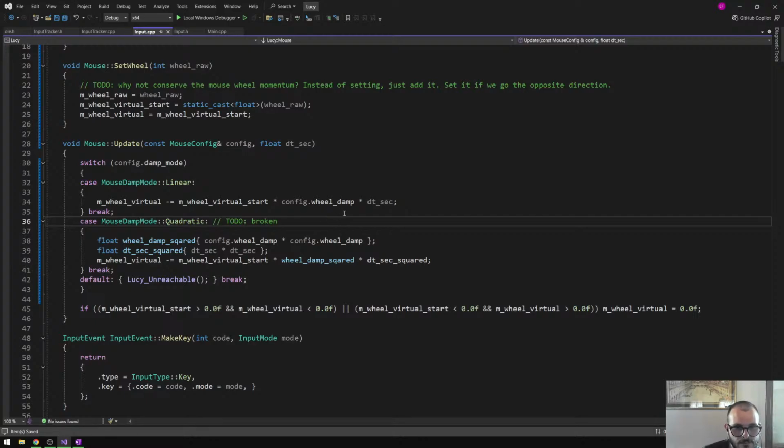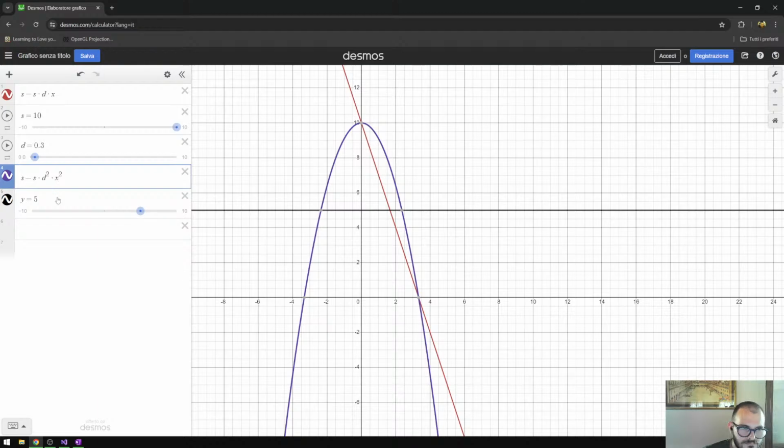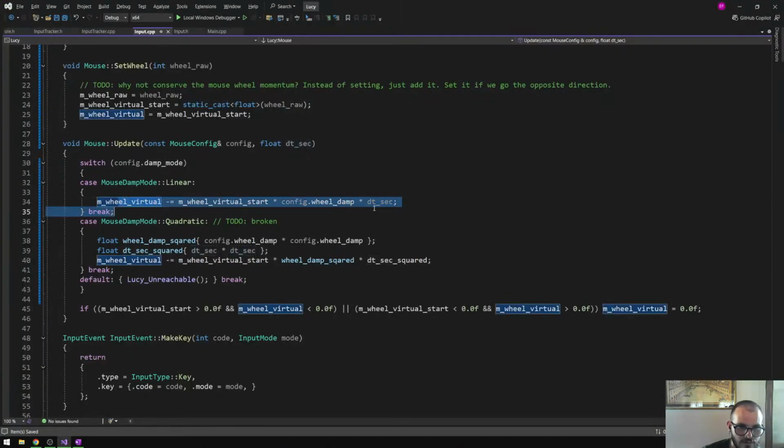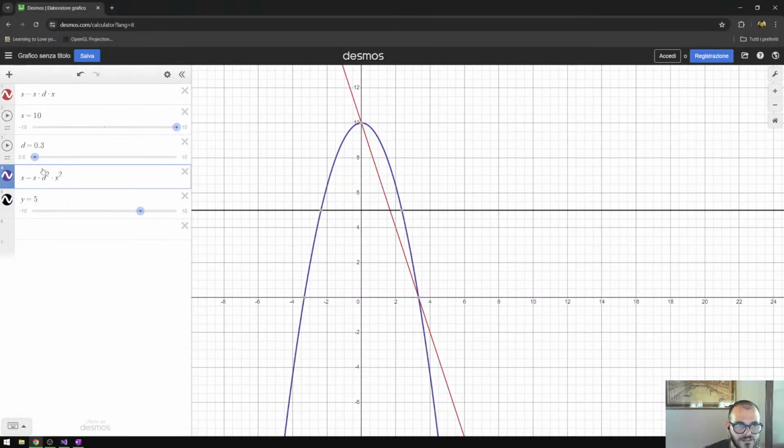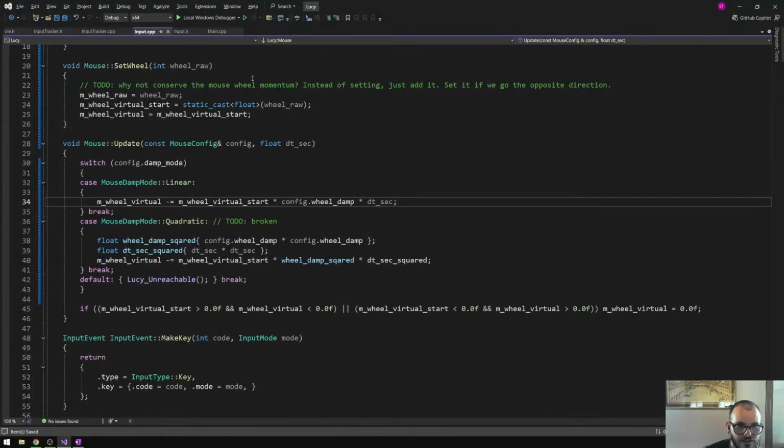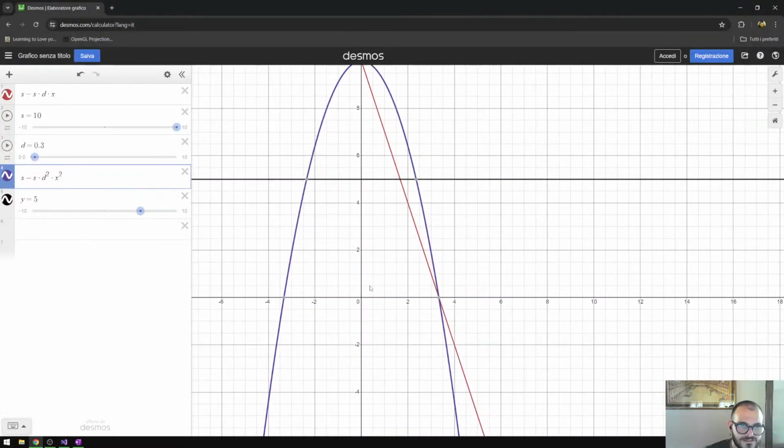Because if we simply had not the delta time, but the time, we could do it. But the problem is that it's not the time from the start. Because this x is not the time from the start, mind you.